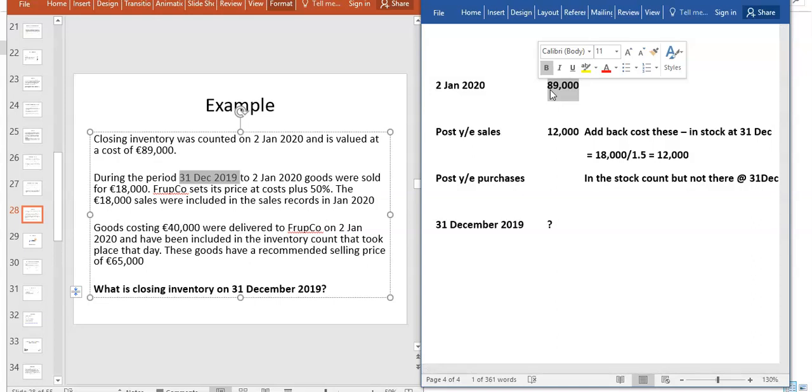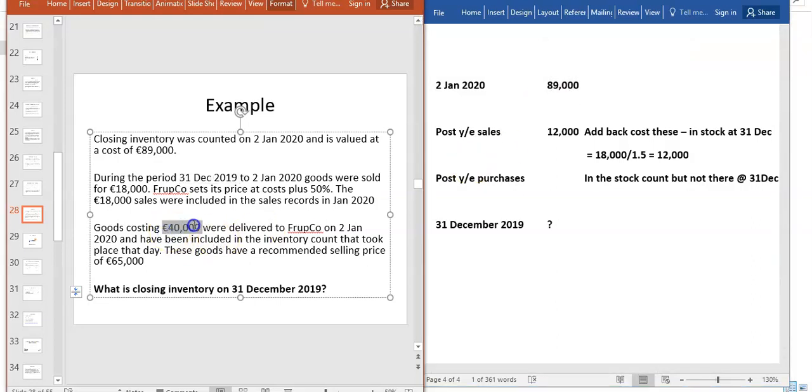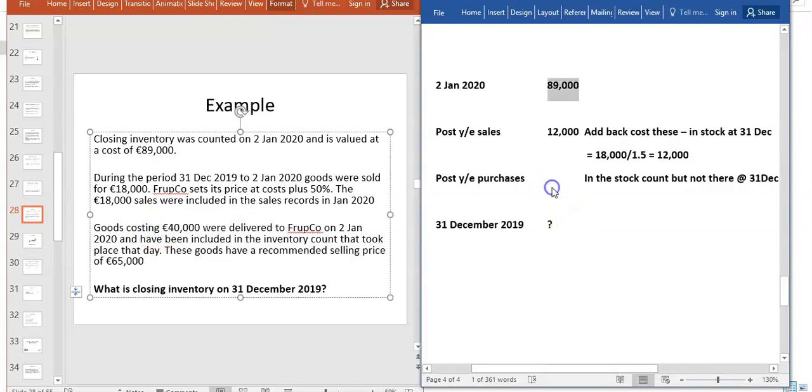So they were never there at 31st of December. They would have been included at the 40,000. The recommended selling price is there to throw you, that's not included. Inventory is always measured at the lower of cost and NRV. Cost is lower here, they would have been included at the 40. So we take out the 40,000 because they should not be included at the year end.